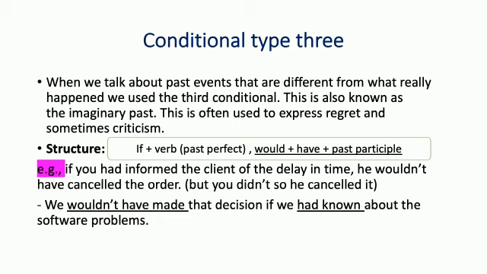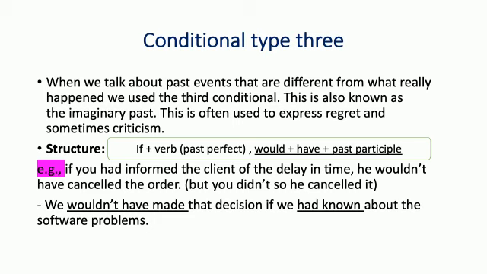هي الانتقاد، النقد. So the structure or formula of conditional type 3: we have if. In the if clause, the verb should be conjugated in past perfect. And you know that past perfect, I just forgot to add the form. The form of past perfect is had plus the past participle of the verb, with all pronouns.